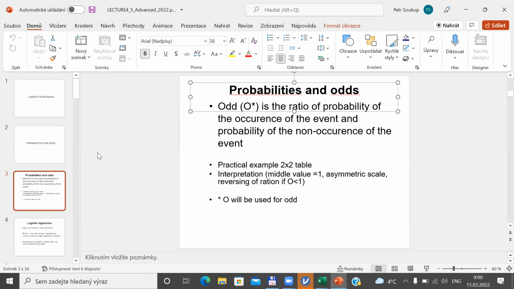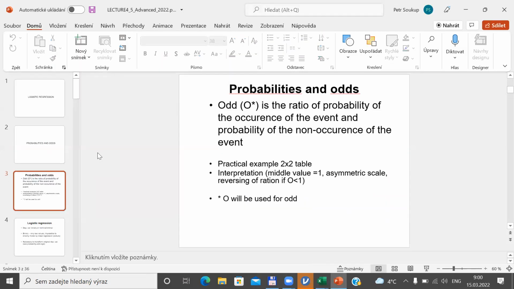The second step, which we need to discuss as we need to understand this concept for the later discussion of the results of logistic regression, is a discussion about odd, or in plural, odds. Once again, you can use the general expression chance, but be careful if you are discussing statistical results.